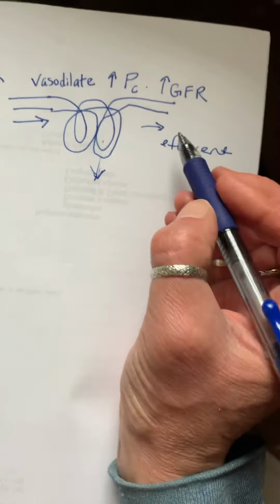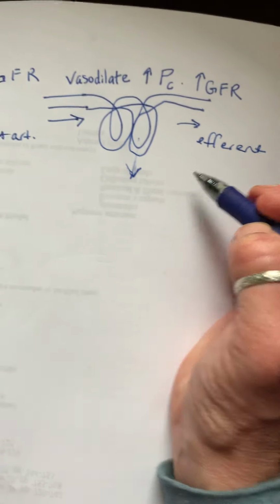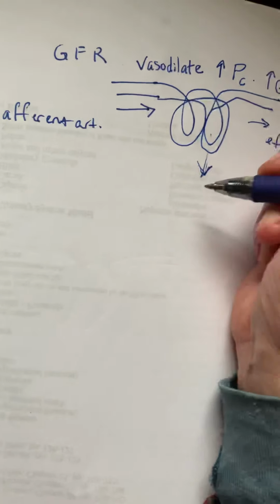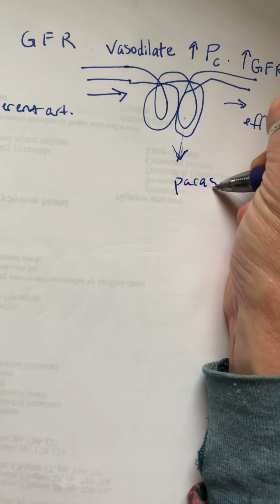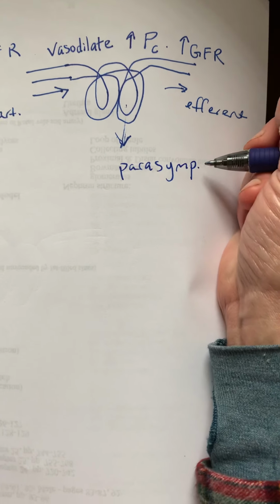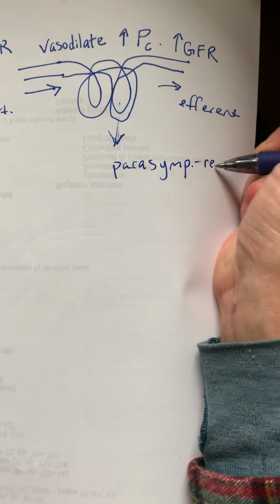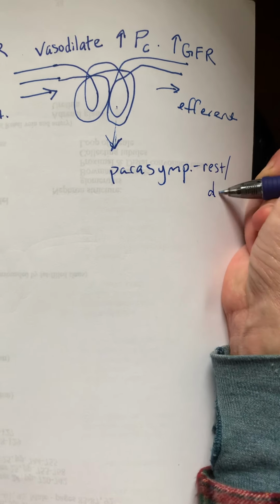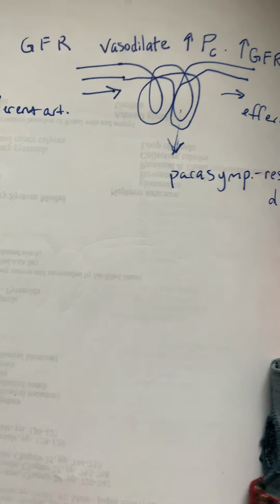Several things are going to help us do this. One of the first is the parasympathetic nervous system, part of your autonomic nervous system. You can think of parasympathetic as rest and digest: everything's good, and we can afford to lose more fluid.